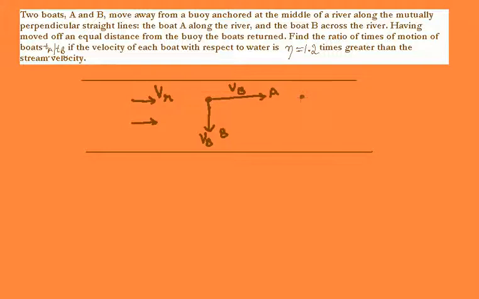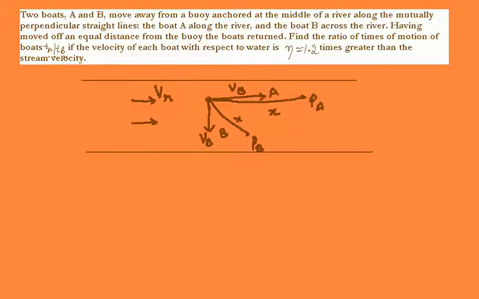So let this be the point here, and since the velocity of the river would be acting in the horizontal direction, let this be the point PA, and this is the point PB for boat B. So the distance here is x, and similarly the distance here is x.